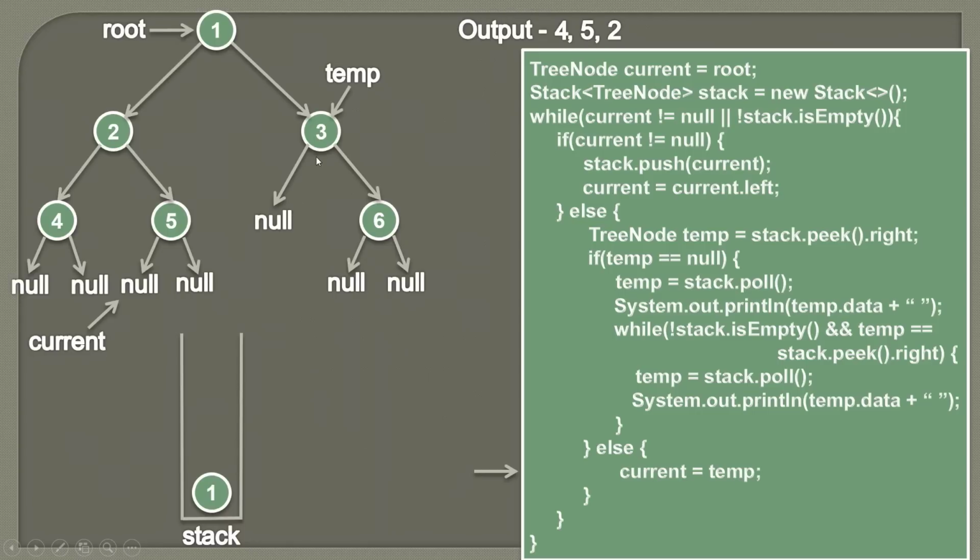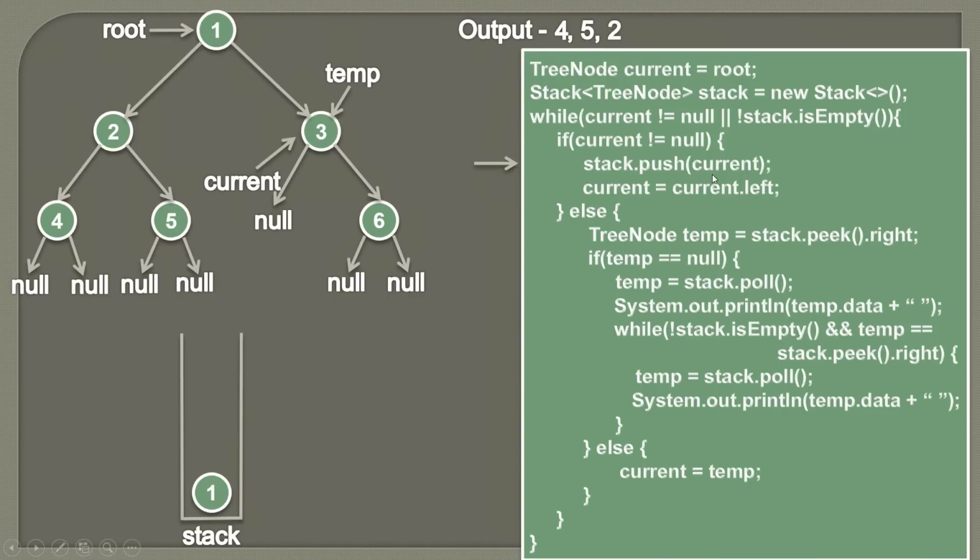So now current will point to this node because we have figured out that there can be a possibility that 3 can have left or right children. So current will point to 3. So now this is the same situation which we saw in the start, that current is not equal to null. And if current is not equal to null, there can be a possibility that there could be a left child of it.